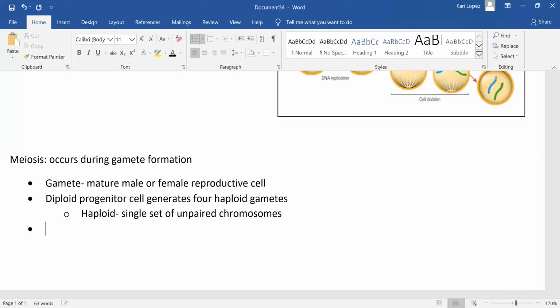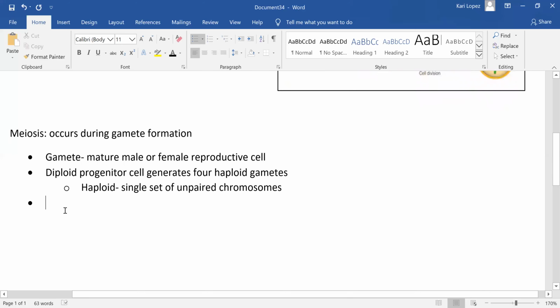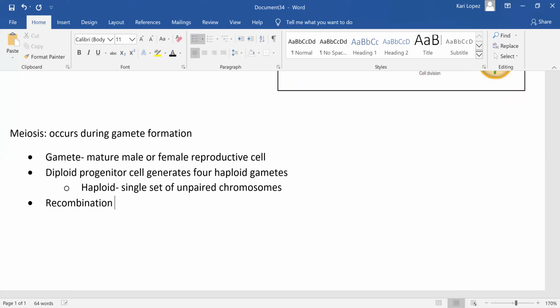And note for this one, how did I write it up here? Recombination is frequent.